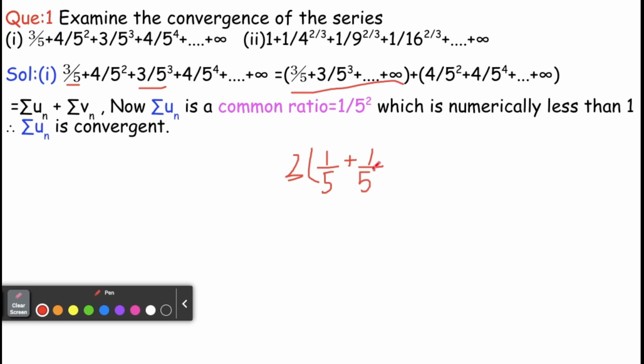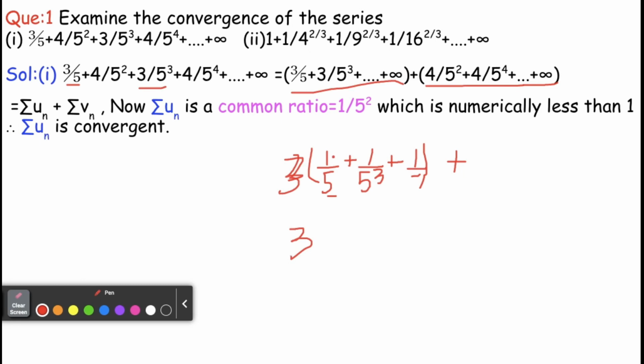In the next step we reach 1 upon 5 raised to power 5. We notice that in both these cases we have a common ratio of 1 upon 5 squared, with the first being 3. Since both series have a common ratio, we find whether they converge or diverge.